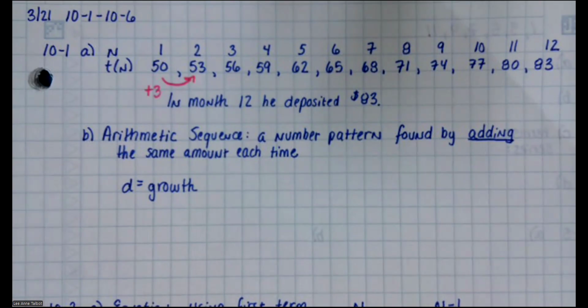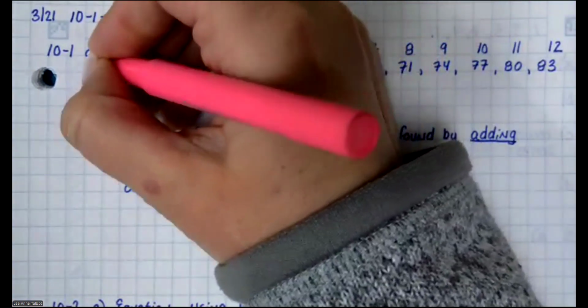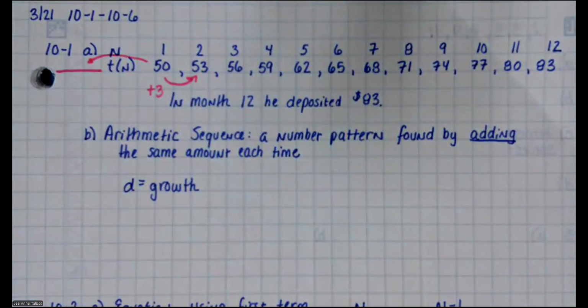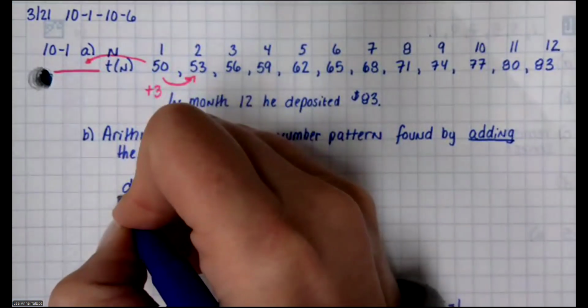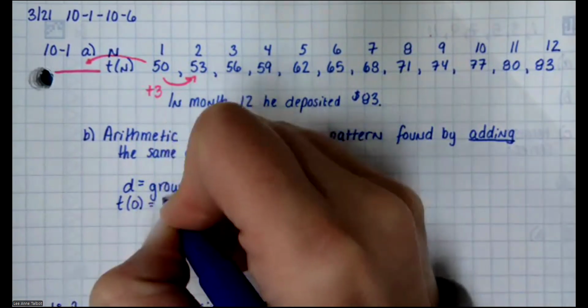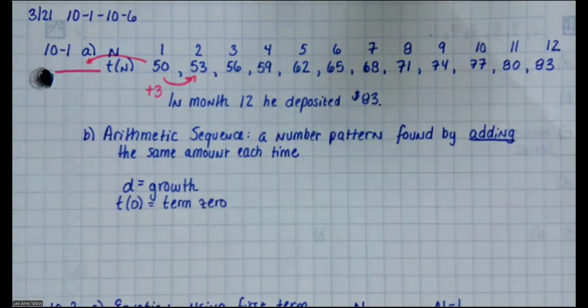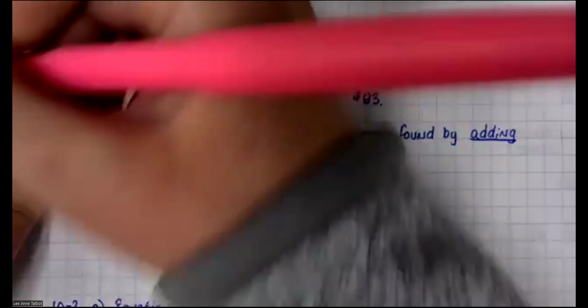The other thing that we find when we do the explicit equation is term 0, which would be the number in front. What would be the number in front of this sequence? 47.